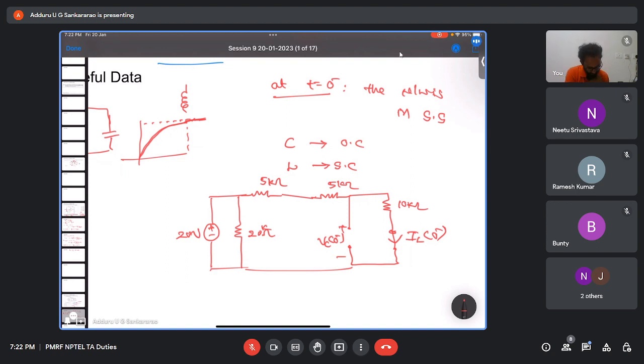Now, can we find out what the voltages and currents are?